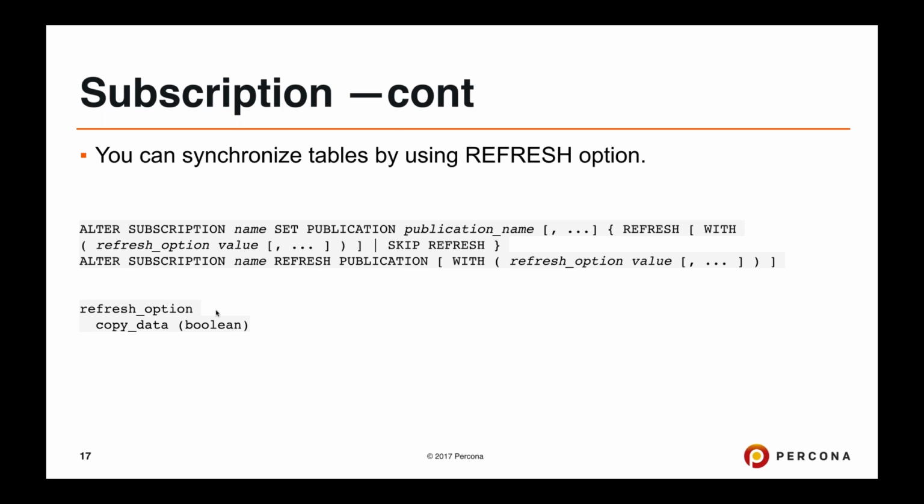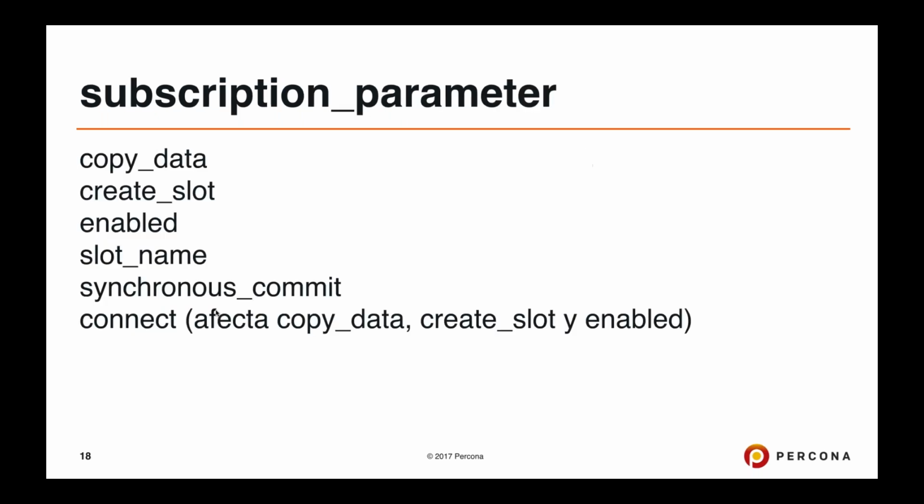I assume that it could be a problem because this replication system tracks timestamps for committing the data. The only options for the subscription in this case are the refresh option and copy data. By default, it's true, so it will copy over the data.